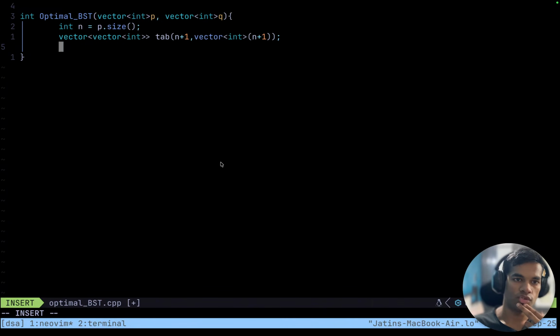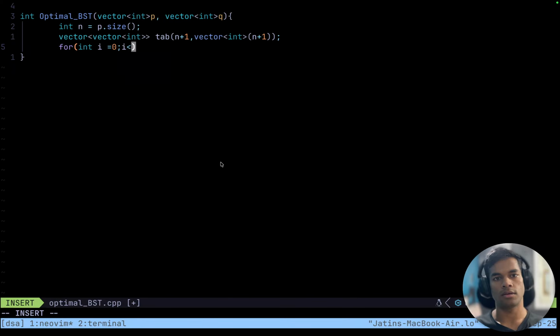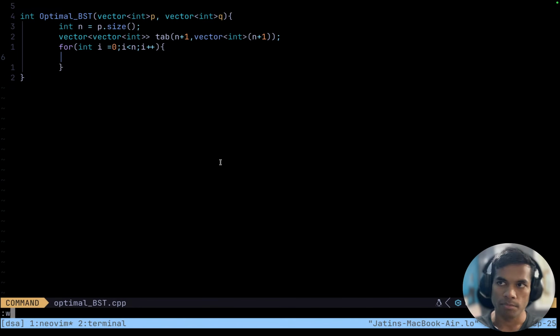Now we need some initialization. i equals 0, i less than n, i plus plus. Yes, we need some initialization.